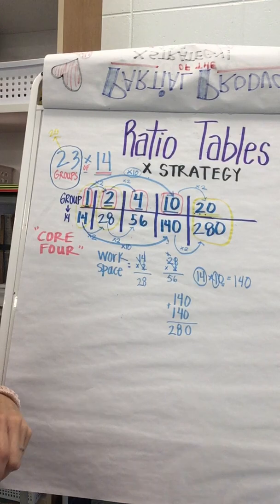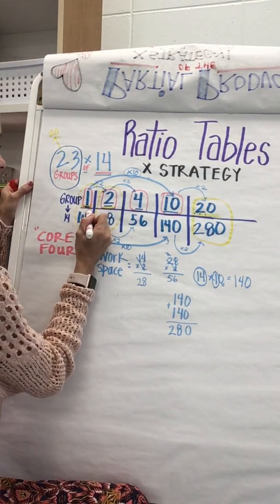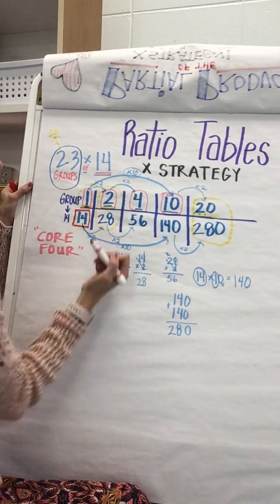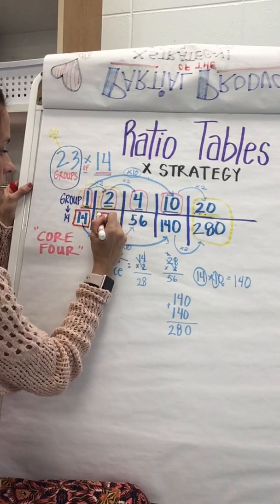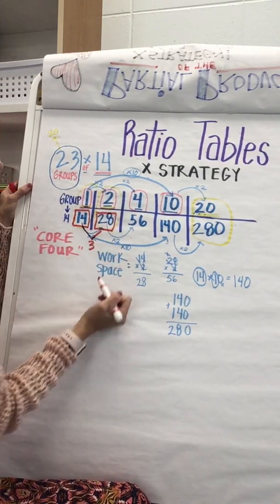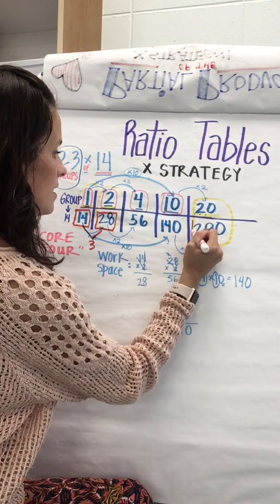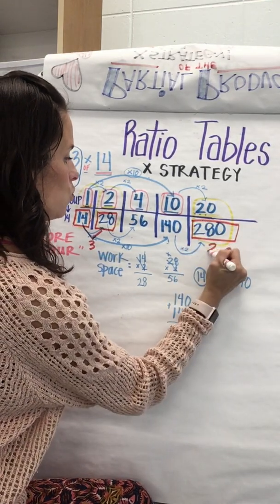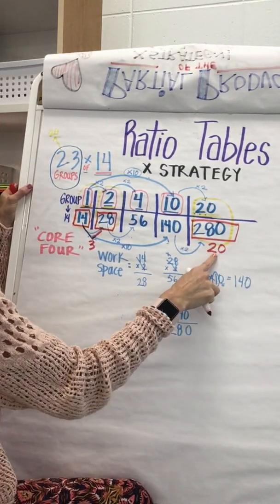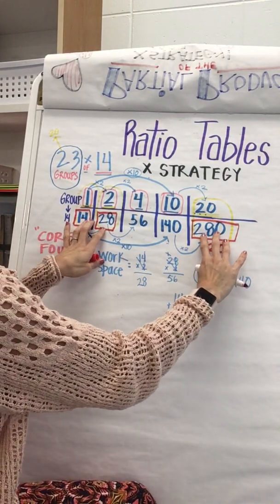So how much is 23 groups? Well, if I add up 1 group plus 2 groups, that gets me how many 3 groups are. And this is how many 20 groups are. So 23 would be all of these together.